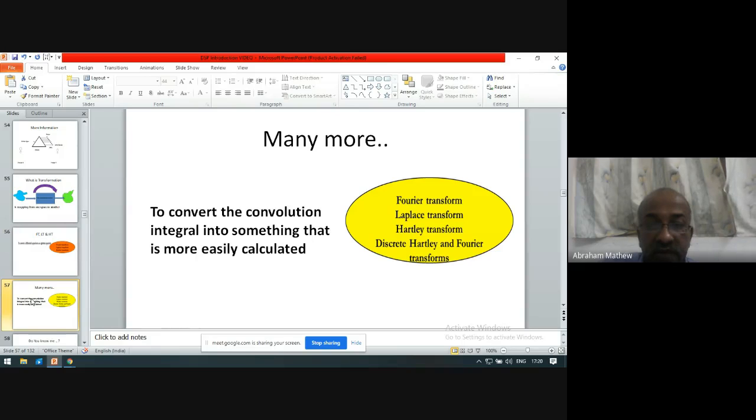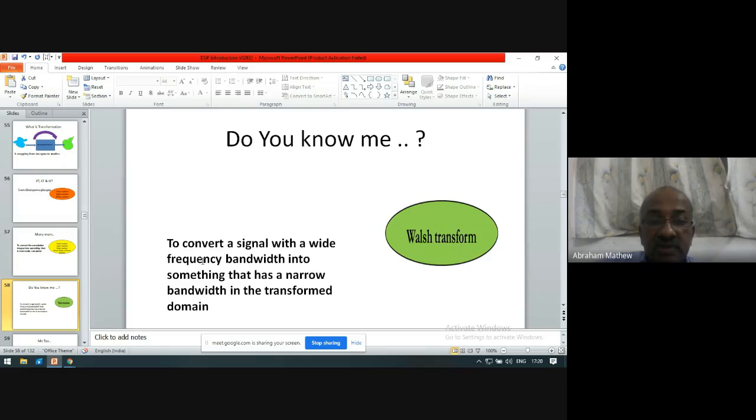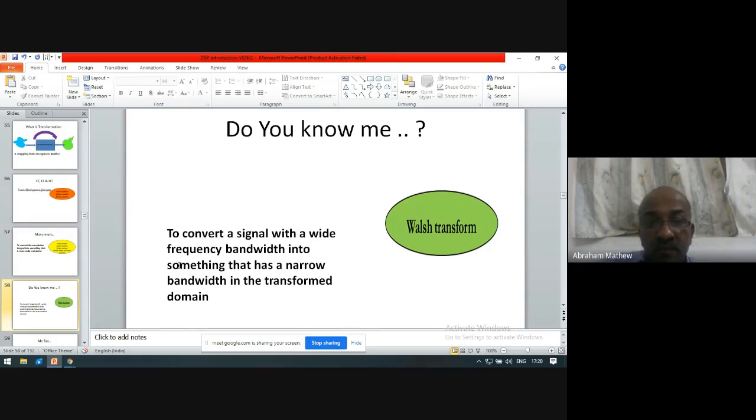The discrete Hartley and Fourier transforms can be used to convert the convolution integral into something more easily calculated, and we can have many more transforms. Again, there is another transform known as the Walsh transform. This Walsh transform is very useful in image processing.